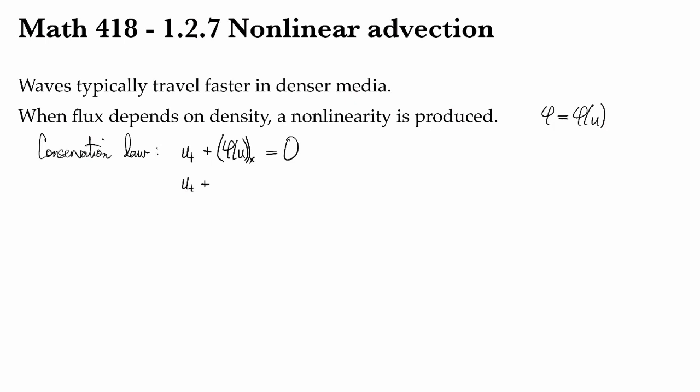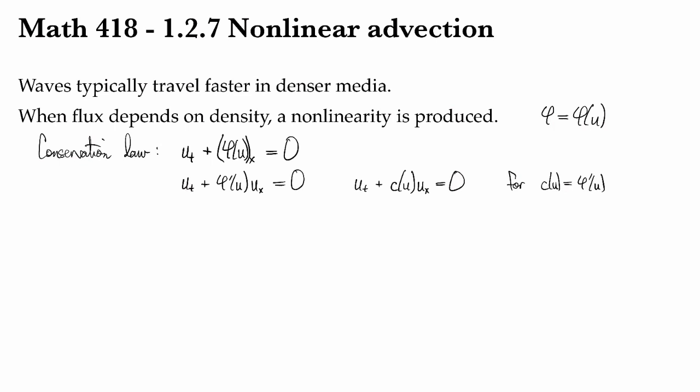Let's unpack it. So we're going to get phi prime of u times u sub x is equal to 0. And so then we can take this as u_t plus c of u u_x is equal to 0, where the wave speed now is phi prime of u.